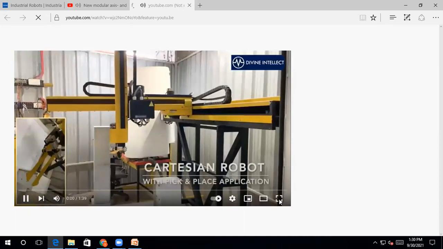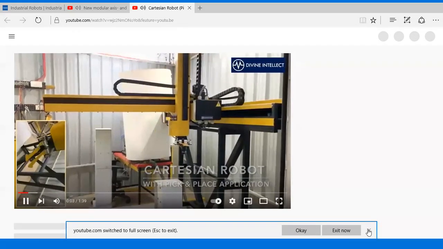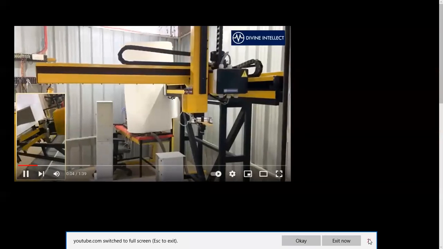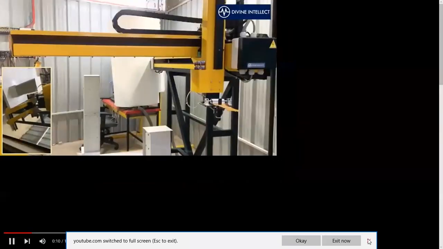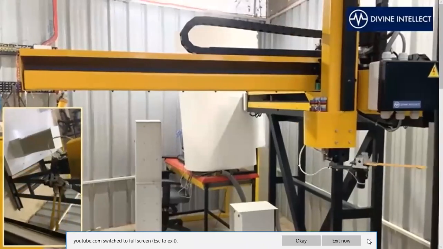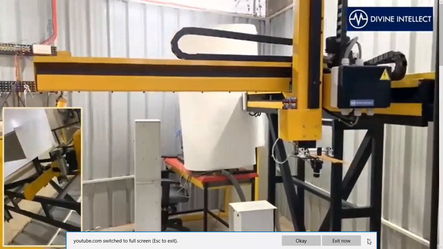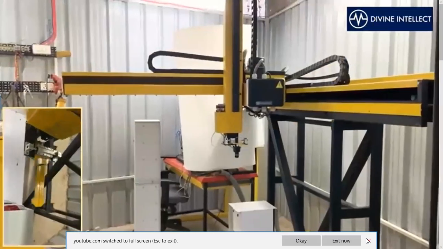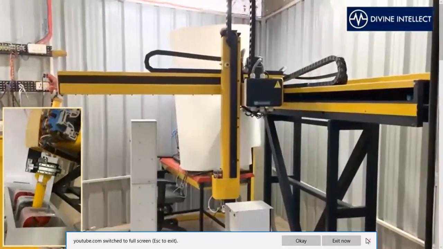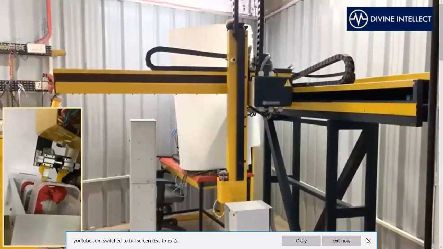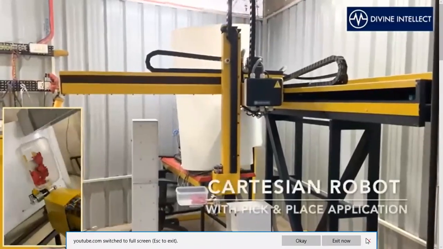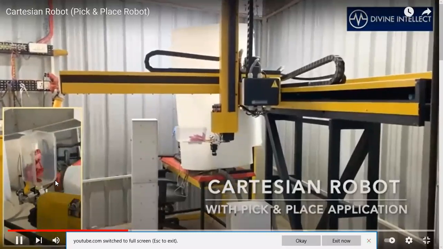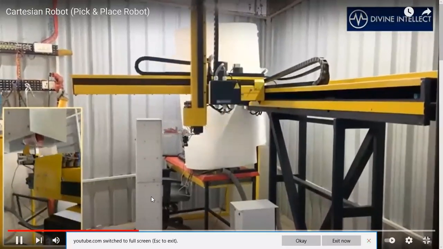See here, partition robot with pick and place application. Here in the box, it has been shown what is actually done.